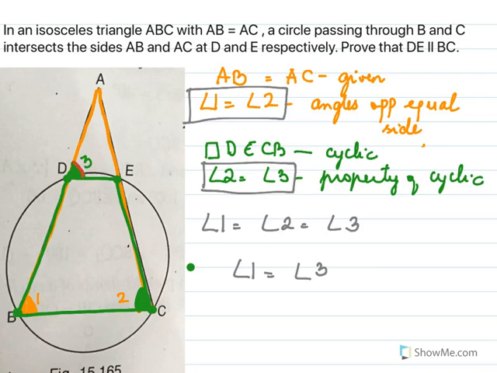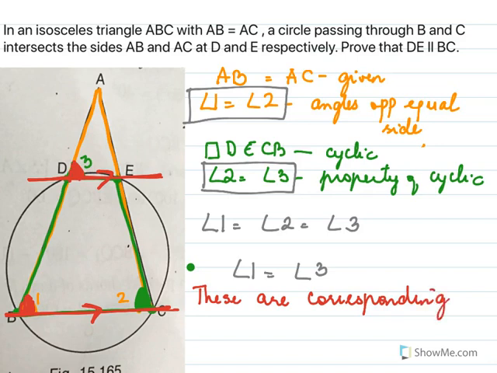Let's mark 1 and 3. These are corresponding angles. Therefore, these two lines will be parallel, DE parallel to BC. So since the corresponding angles are equal, the lines are parallel, that is DE parallel to BC.